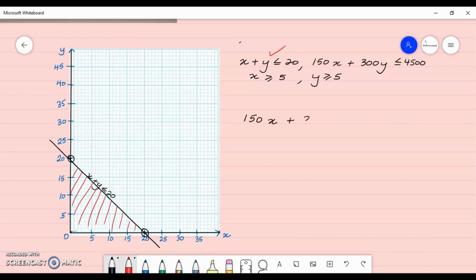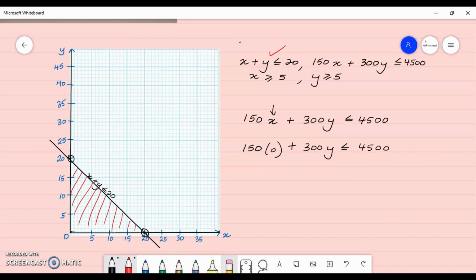150x plus 300y is less than or equal to 4500. So I'm going to do the same thing. I'm going to choose x as 0 and work out what y is. So 150 multiplied by 0 plus 300y is less than or equal to 4500.